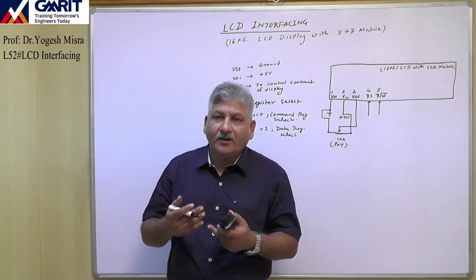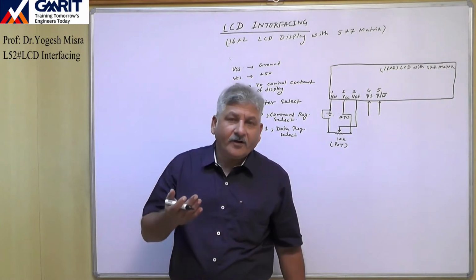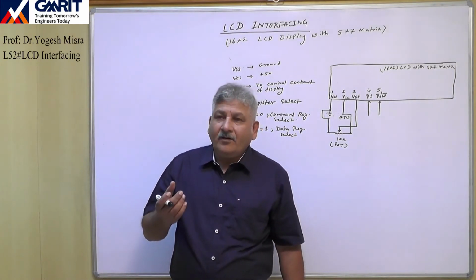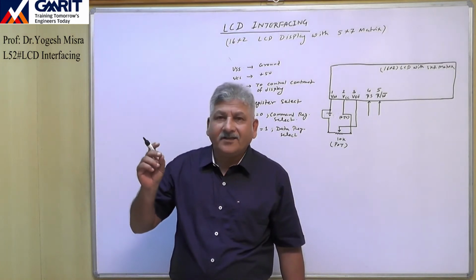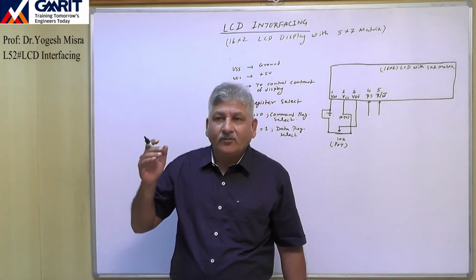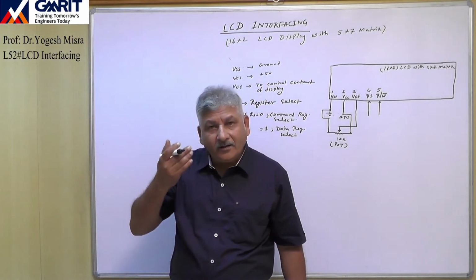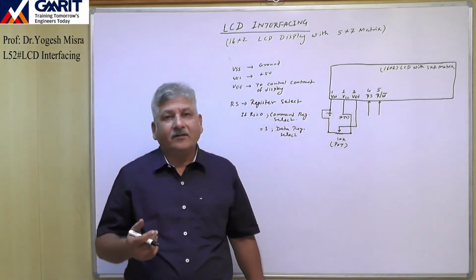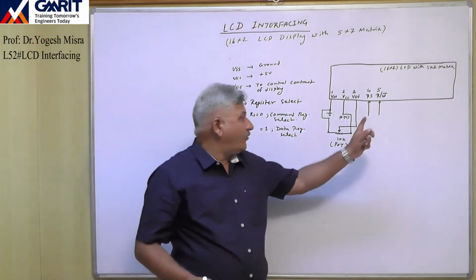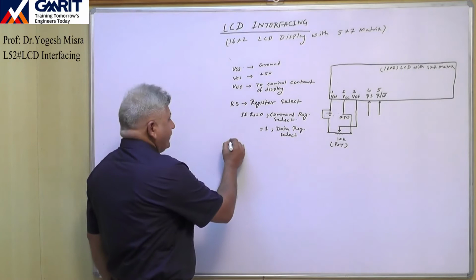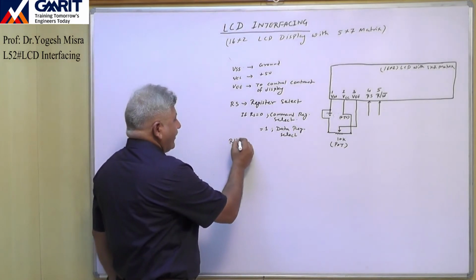Those command words have to be written in the command register, or whatever exact string we want to display, that string has to be stored in the data register. For this purpose, we have this particular pin, read/write bar.